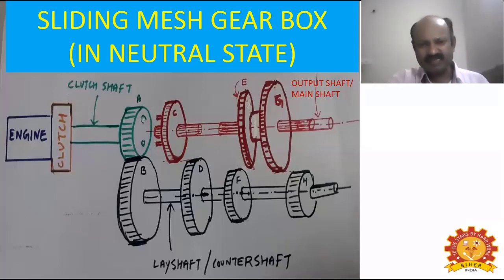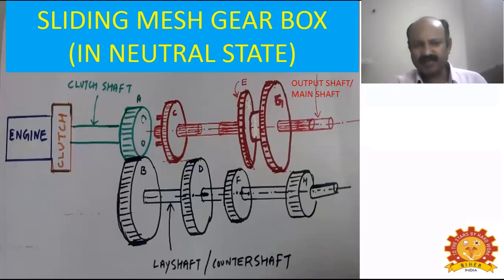When gear G meshes with gear H on the lay shaft, power from the lay shaft is transmitted from gear H to gear G, the gear available on the main shaft.